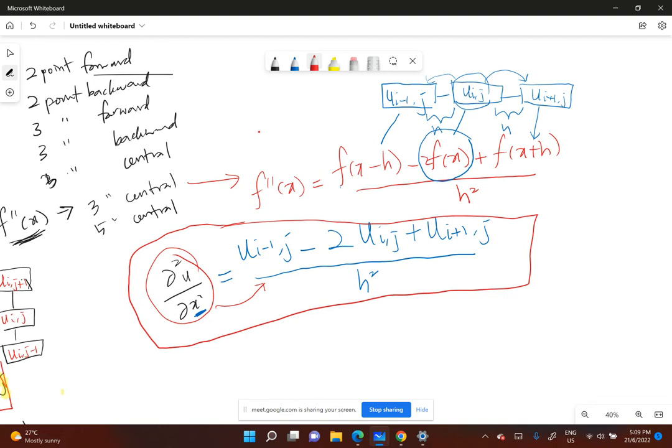So kalau second partial derivative, awak guna je 3-point center. Okay? Normally, kalau keluar final ke apa, the formula yang ni tak bagi. This formula is not given. But this formula is given. Yang ni yang diberi.